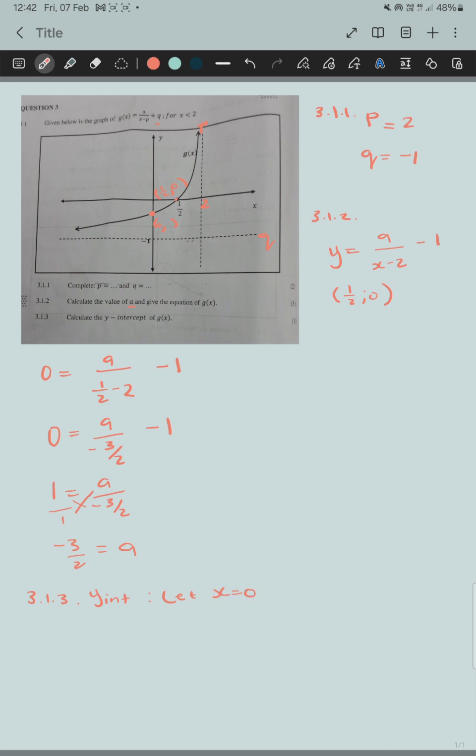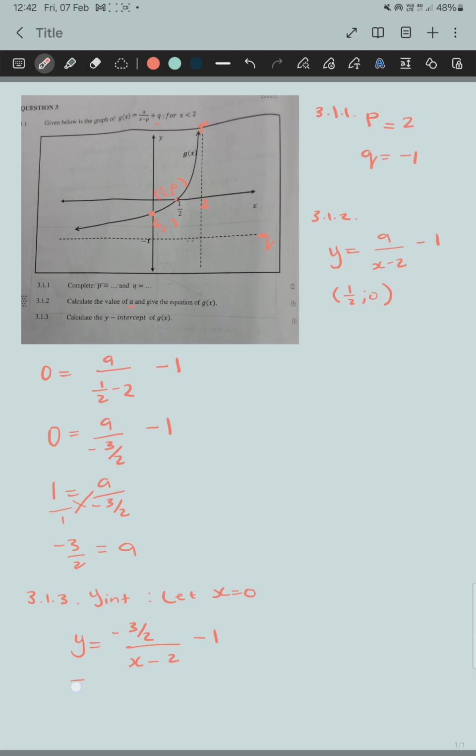So let's do that. I'm going to have y equals, we're going to put our A now into the equation. Let's put our equation and write it all in full. I'm going to have -3 over 2 over x minus 2, minus 1. Where I see x, I put 0.